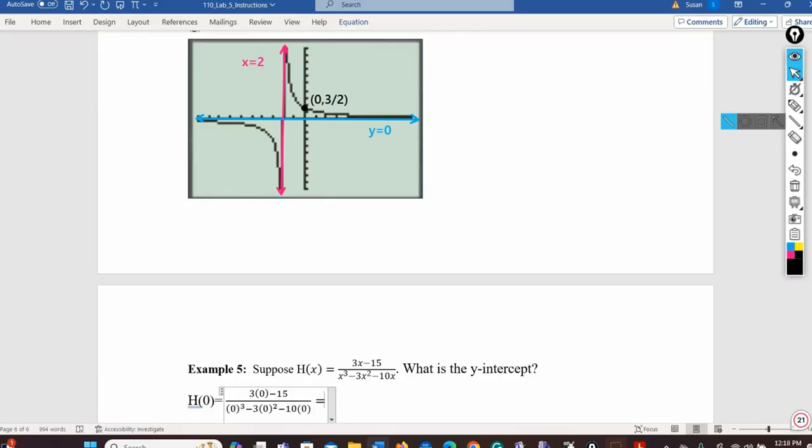And that would equal, well, in the top we'd have negative 15, and in the bottom we'd have 0. And that does not exist. Thus, there is no y-intercept.